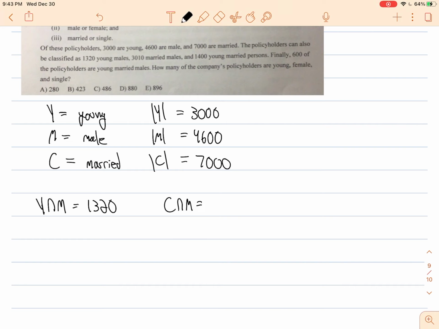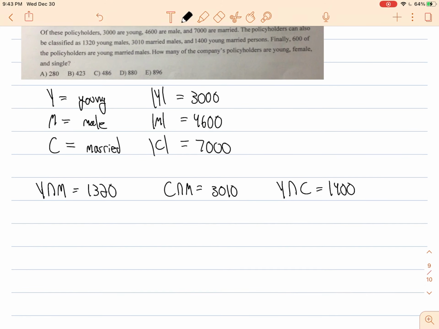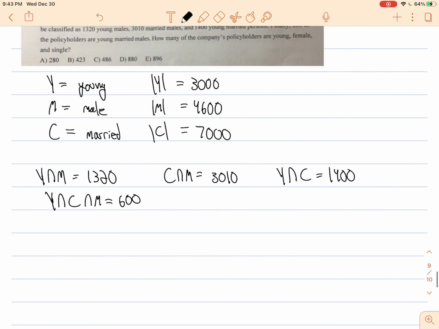Married intersect M, married males, is 3010. And 1,400 young married persons. So young and married, that's 1,400. Finally, 600 of the policyholders are young, married, and male. 600.